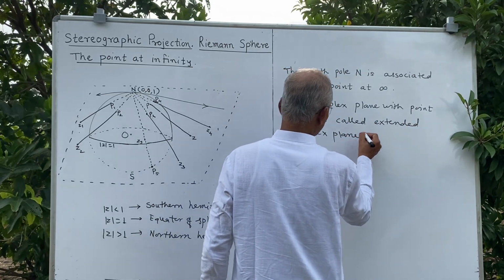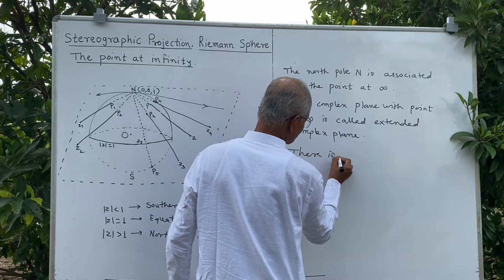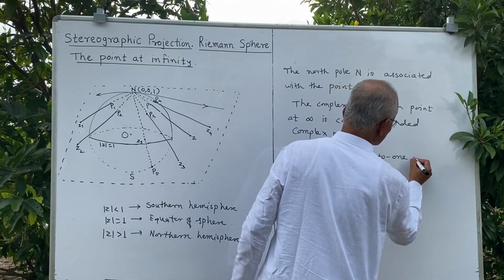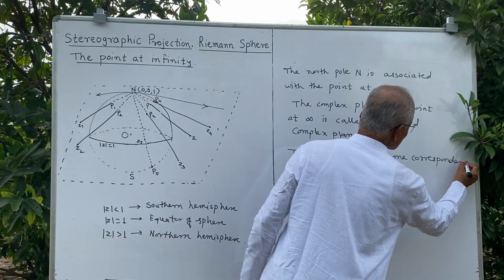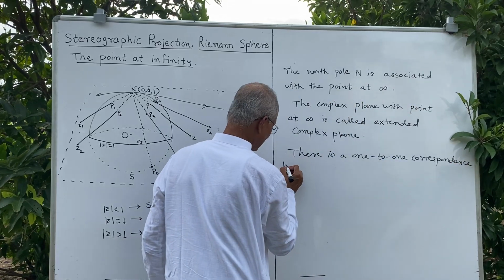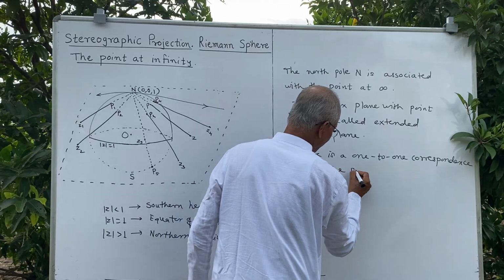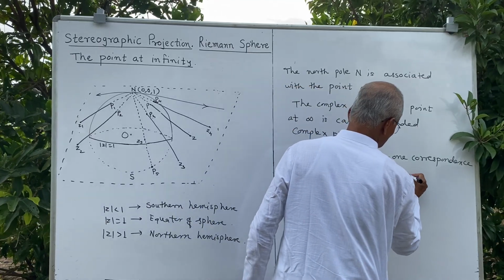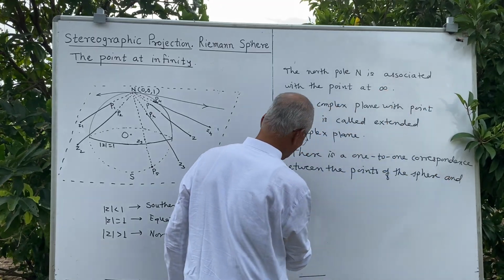And therefore, there is a one-to-one correspondence between the points of the sphere and the extended complex plane.